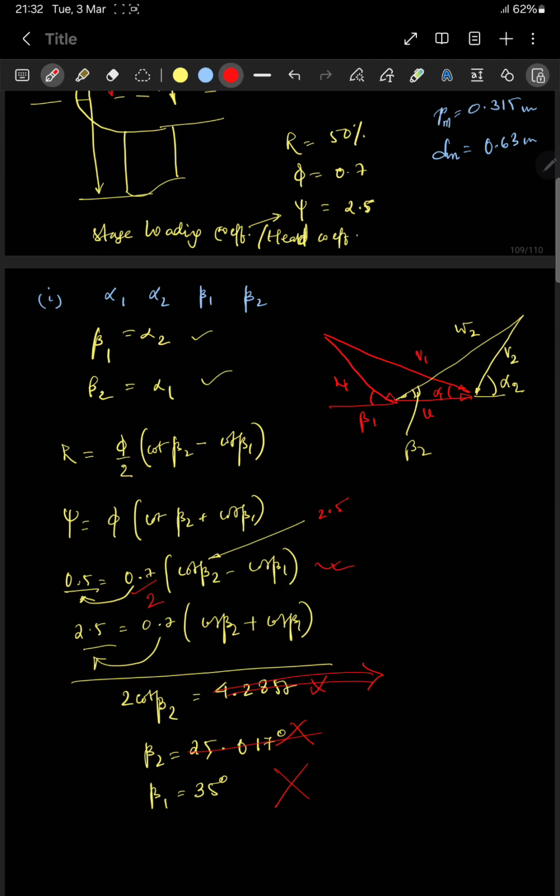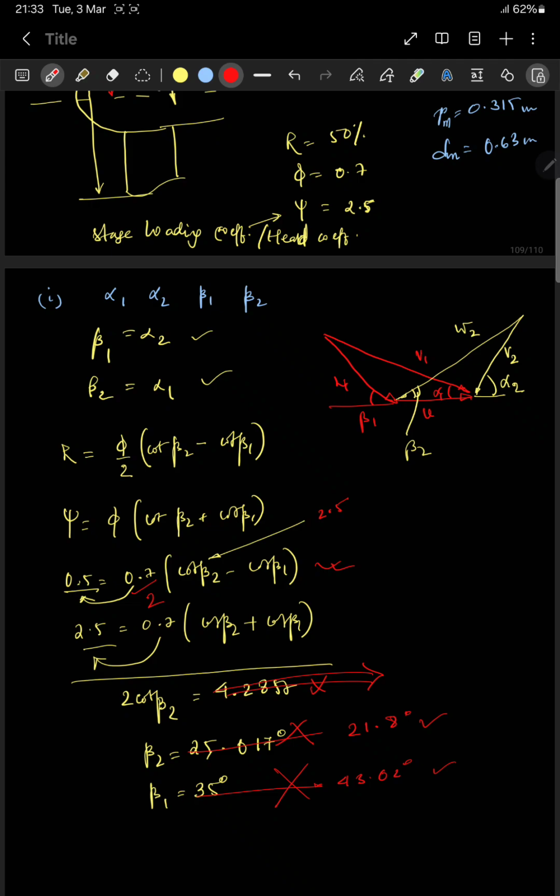So beta 2 is 21.8 degrees. And beta 1 is 43.02 degrees. Okay, now the answers are correct. I made a very big mistake, so please be careful.